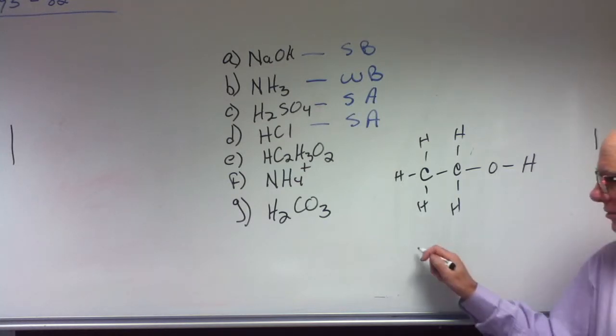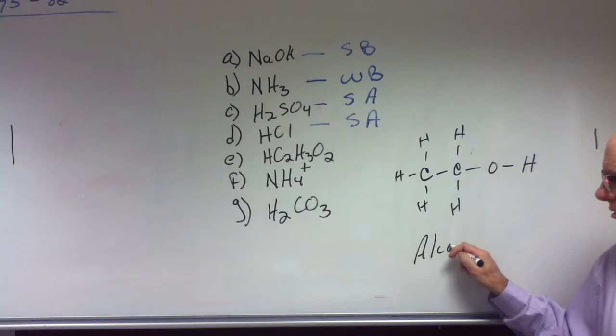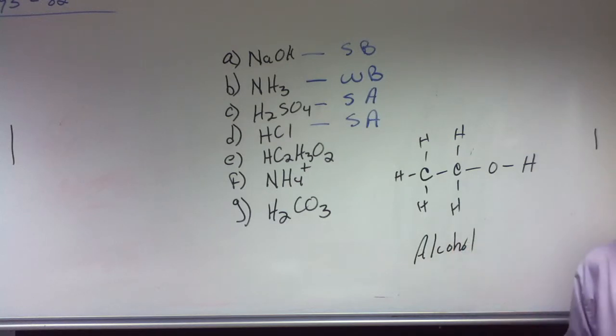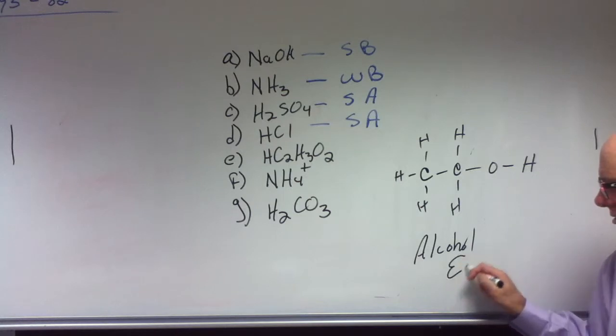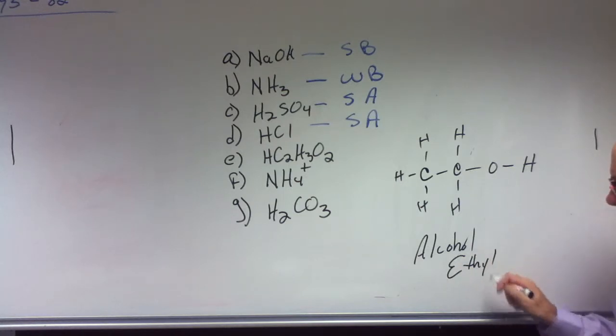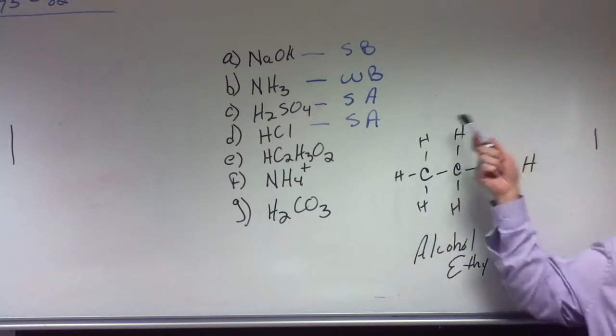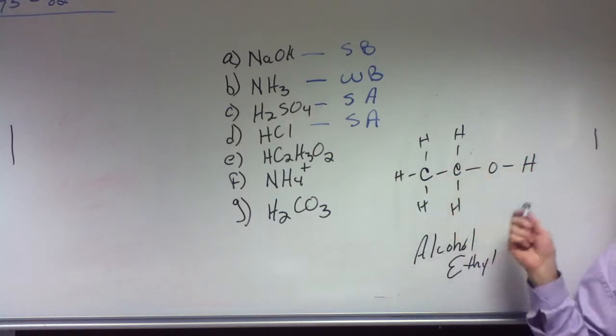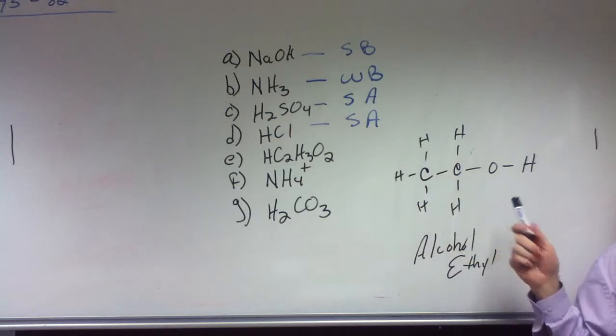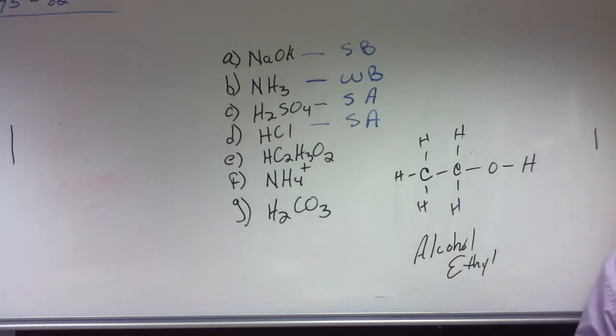What is that, an acid or a base? It's neither. It's an alcohol. What kind of alcohol is that? Ethyl alcohol. That's the stuff in booze. People actually drink that crap. Can you imagine? Very poisonous. Okay?